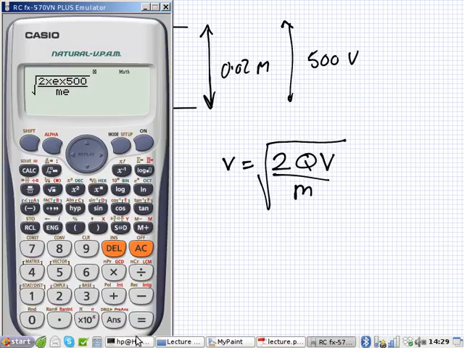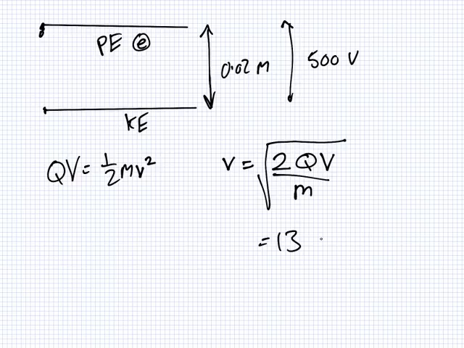Right, so the velocity is probably going to be a big number. Yeah, pretty big. Let's put it in kilometers per second. 13,262 kilometers per second. Yeah.